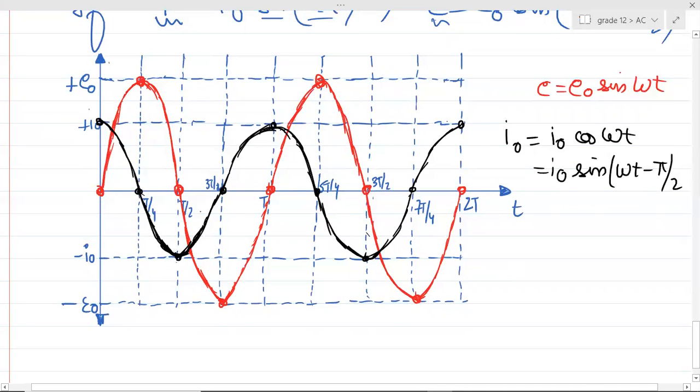What information can you gather from the graphs? Anyone? This I is lagging by pi by 2.